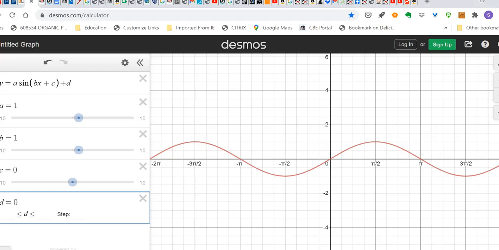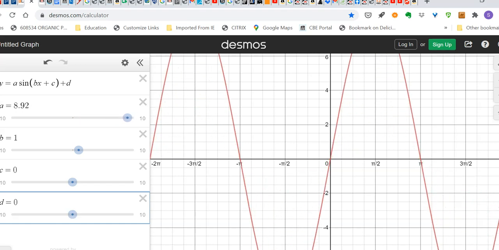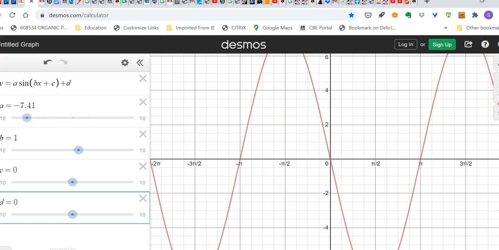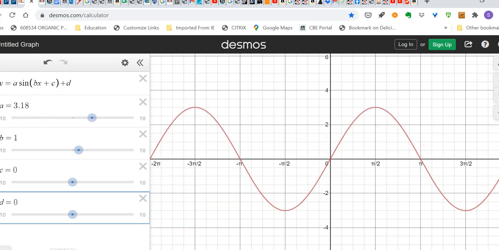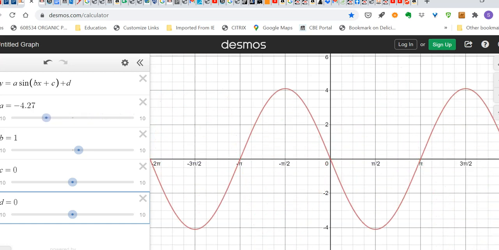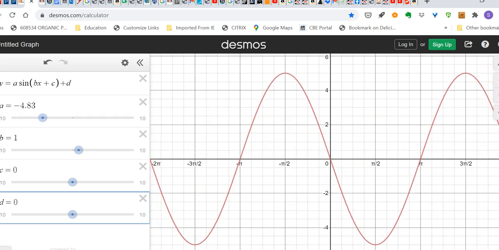All right, let's change A. What's A doing? Stretching it. What is this stretch? Vertical stretch.